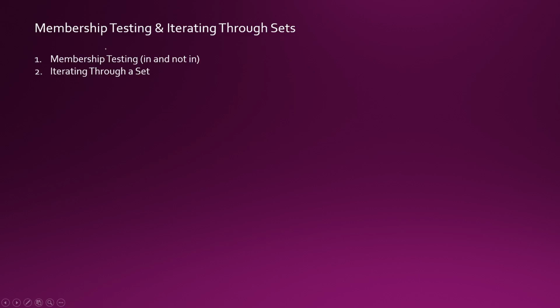Next is membership testing and iterating through a set. First one is membership testing, in and not in. Suppose we have a fruit set with apple and banana. Then we can perform our membership testing.